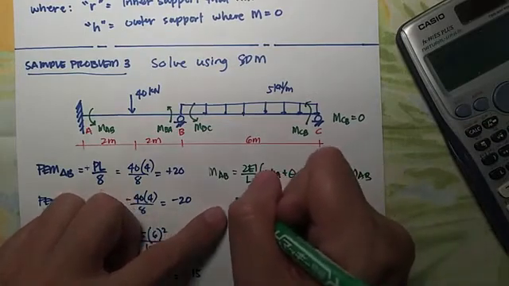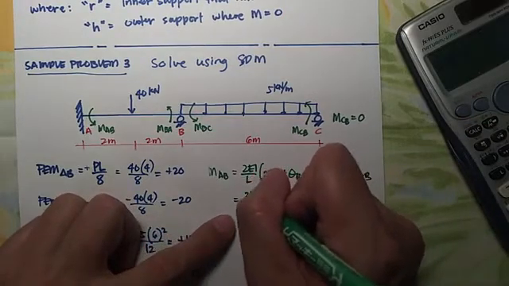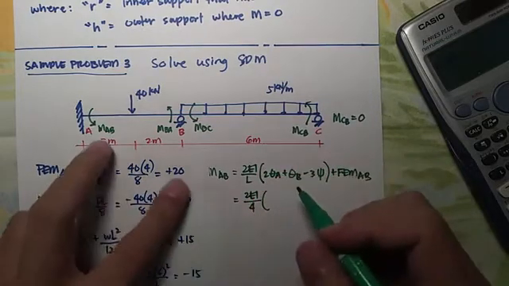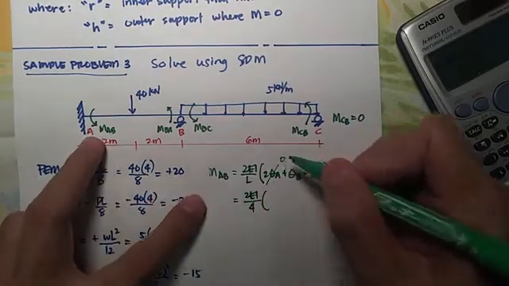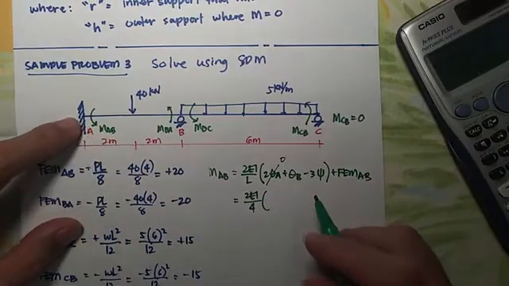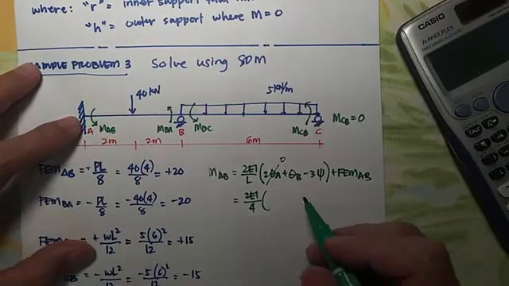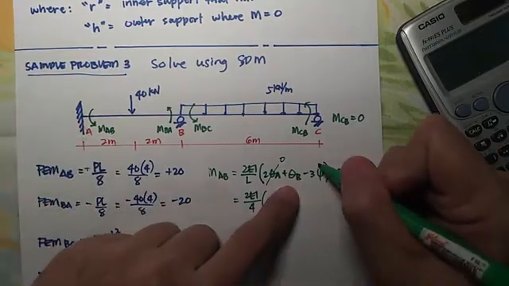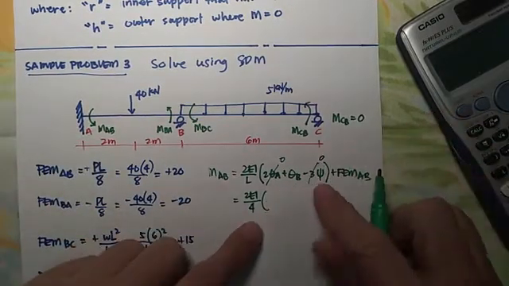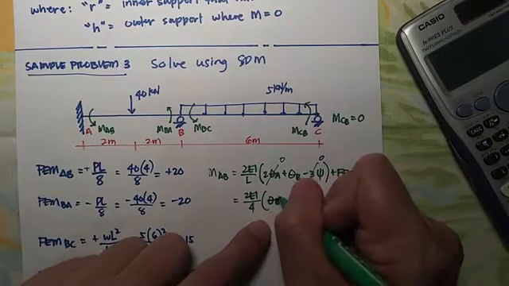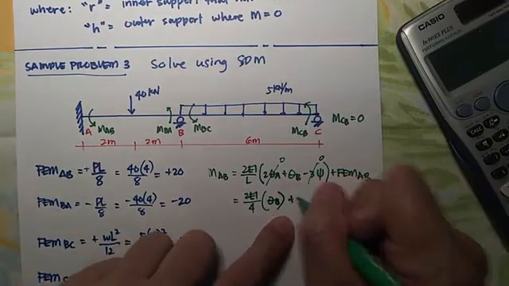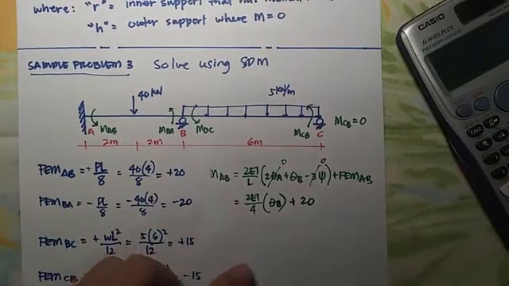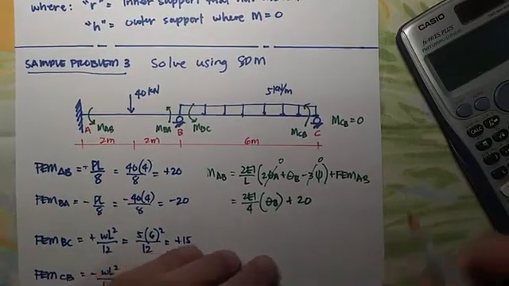Simplify and substitute: 2EI over L is 4. Theta A is 0 because this is a fixed support, so the rotation is 0. Theta B has no value yet, and the deflection here is 0. So that would be theta B plus FEM AB, which is 20. That is our first equation.